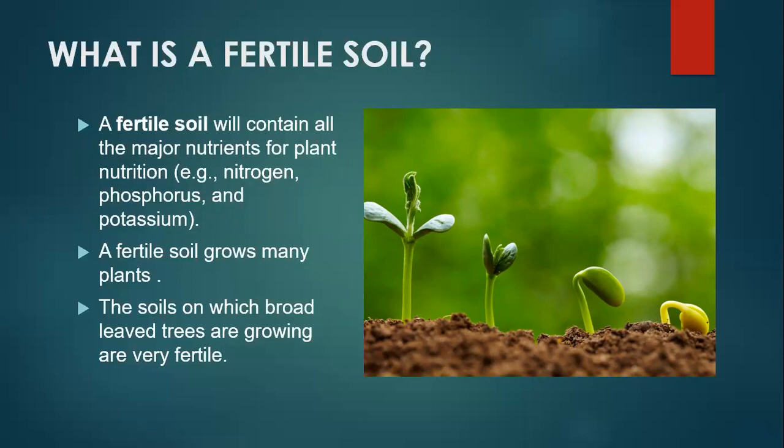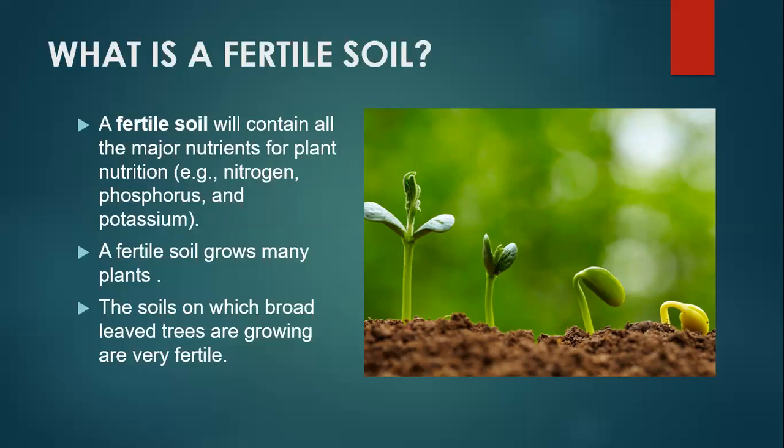So a fertile soil grows many plants. Whenever a soil is fertile, you are able to grow many plants. The third is that the soils on which broad-leaved trees are growing are very fertile. Whenever you see broad-leaved trees, I will show in the coming slide which type of leaves these are. So the soils in which these trees are grown are very fertile.